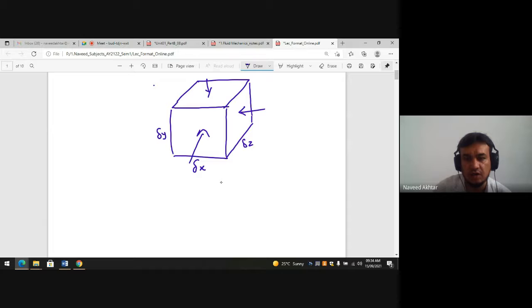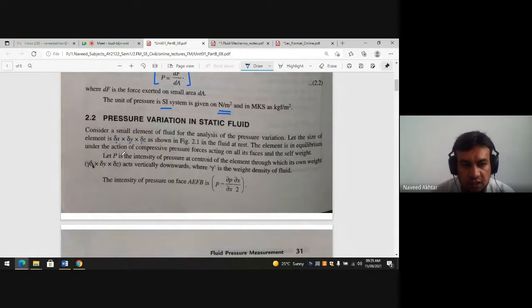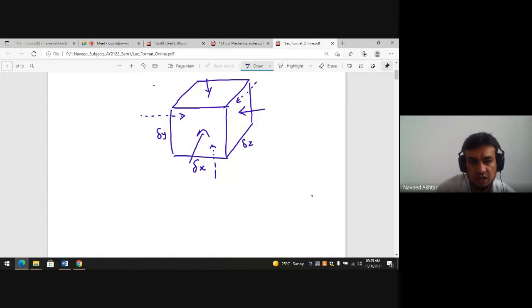From all parts of this, the pressure is there, the pressure acting from all directions. So the element is in equilibrium under the action of compressive force acting on all its faces and its self weight. The self weight acts at the centroid of this figure, and I will denote it with gamma, the density of the fluid.